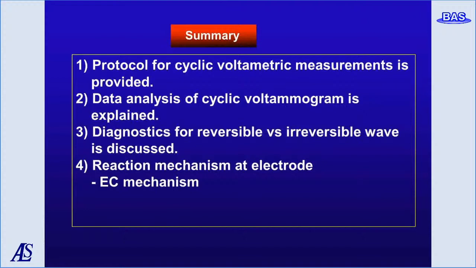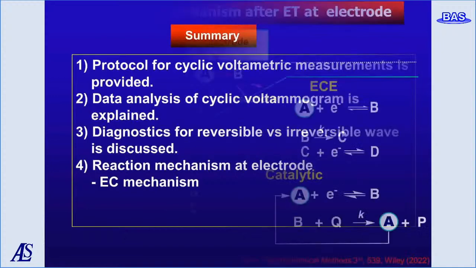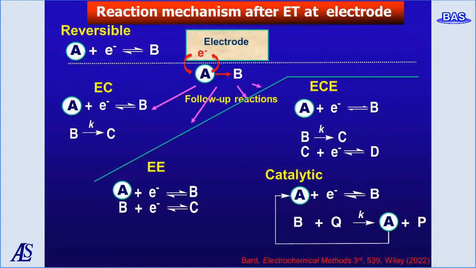Today, I showed only the EC mechanisms. So in my next talk, I'd like to expand further and discuss other electrode reaction mechanisms such as EE, ECE, and catalytic mechanisms and their CV shapes. See you next time.